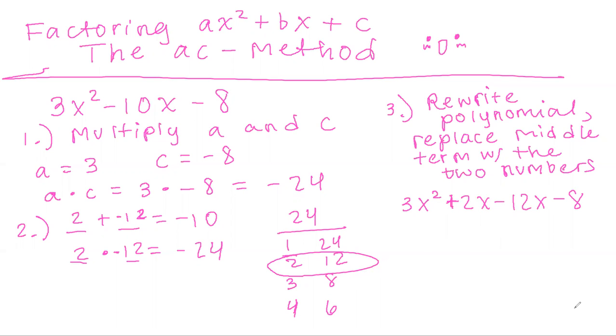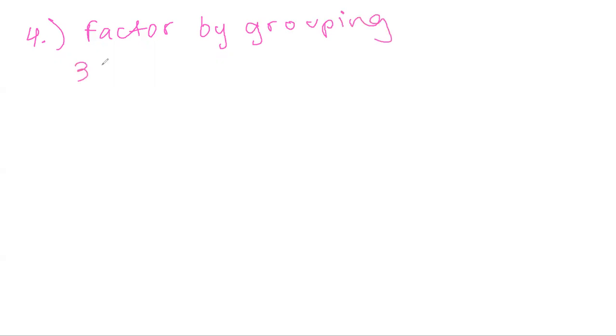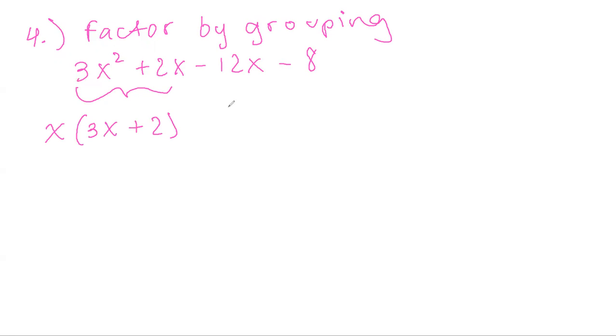From here, in my next step, I'm going to factor by grouping. So I have 3x squared plus 2x minus 12x minus 8. Starting with the first two terms, I can take out an x. And then here I have 3x plus 2.